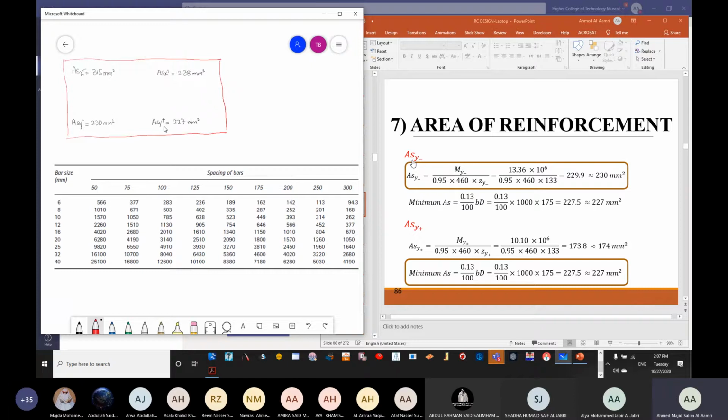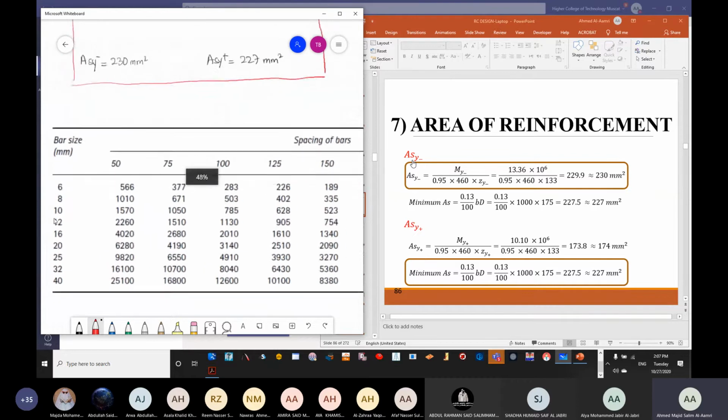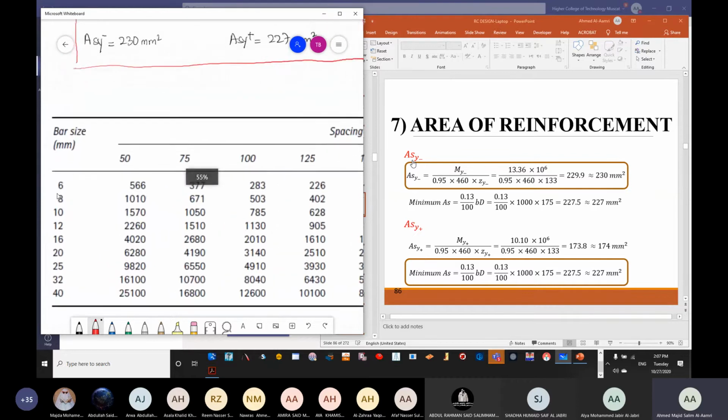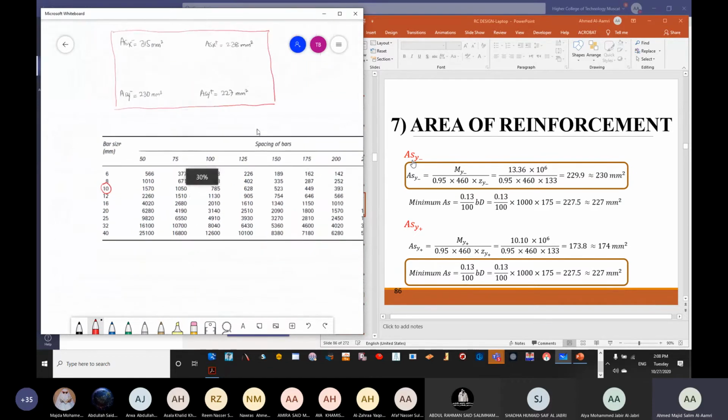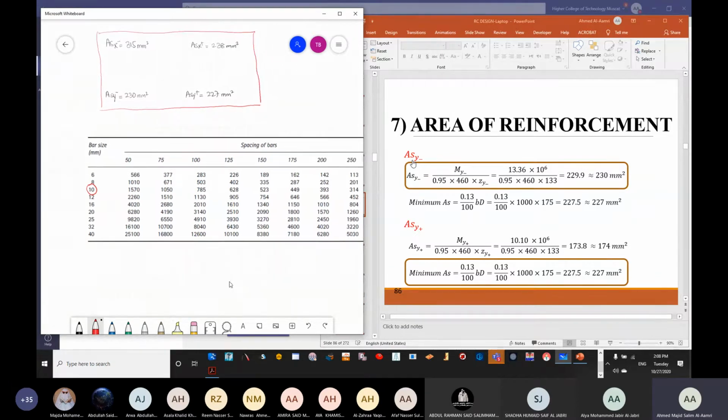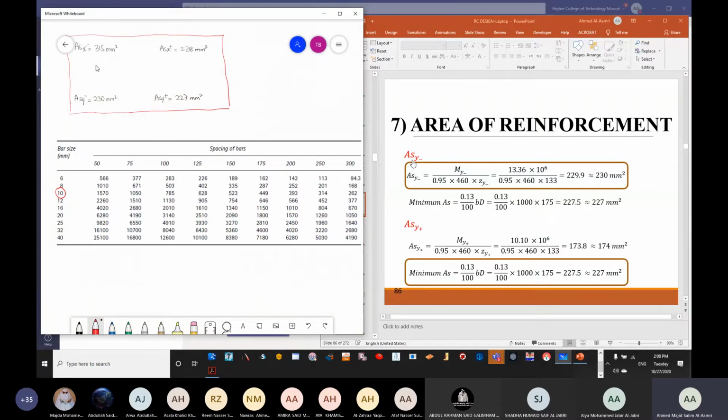Now, if you see whatever diameter that we have chosen, we assumed from the beginning, it was a diameter of 10 in our problem. So what I need to do, I need to go and search. Now for ASX negative, which is 315, I'm going to go for the line of 10.